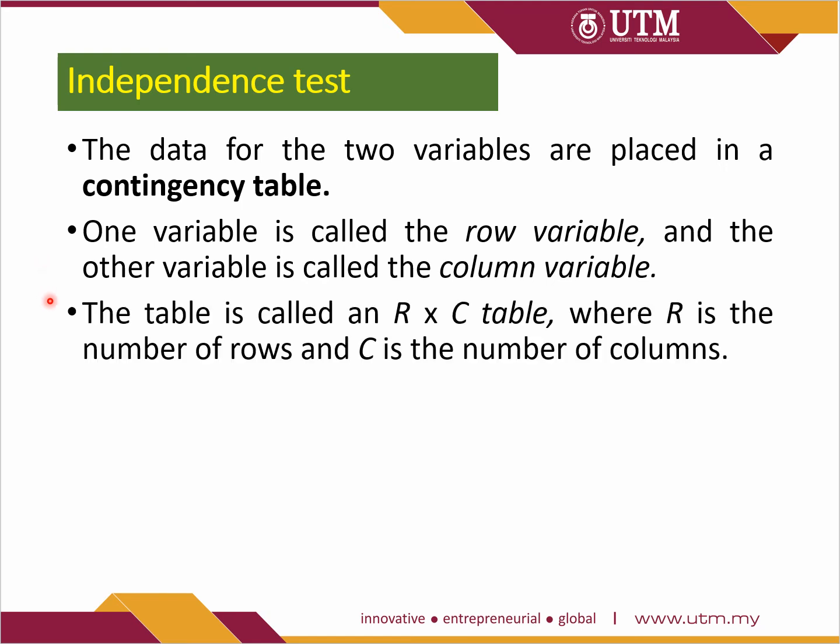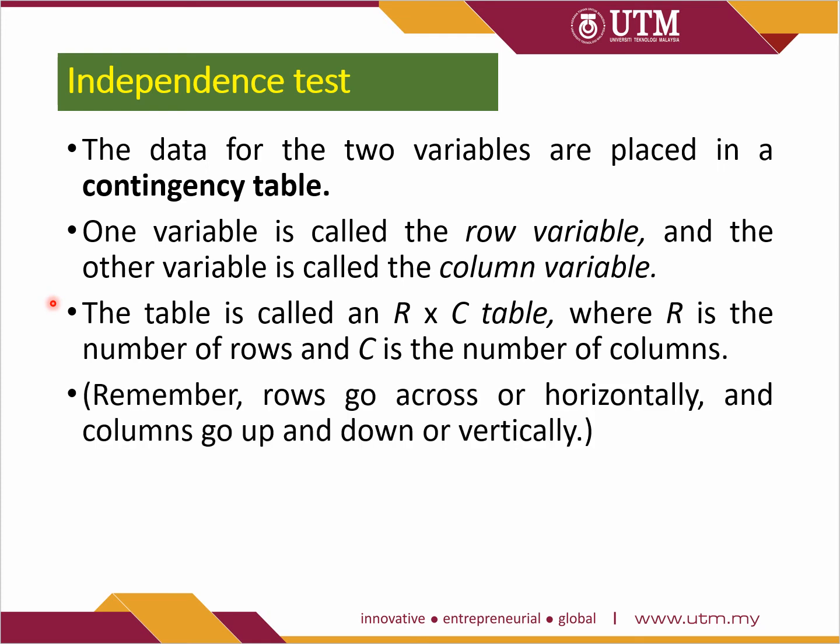We call the table R times C, where R is the number of rows and C is the number of columns. Remember that rows go across, or horizontally, and columns go up and down, or vertically.